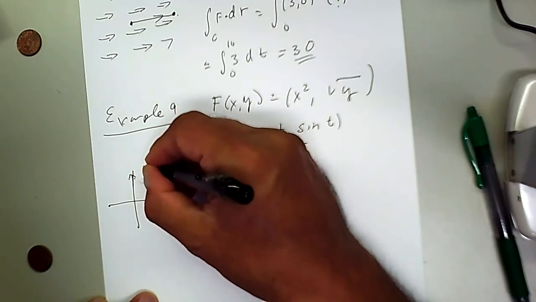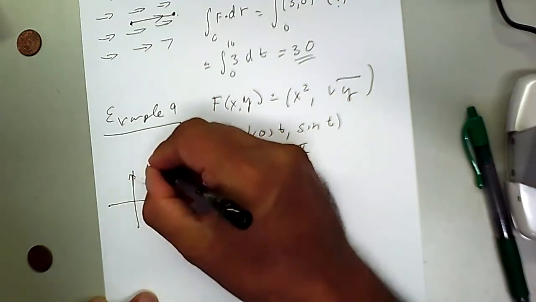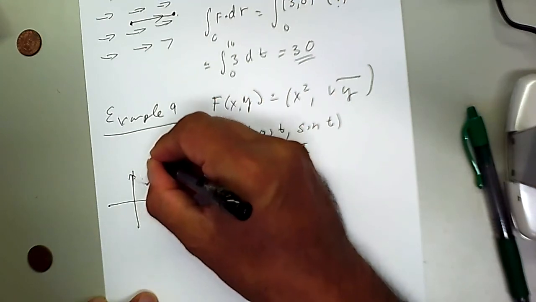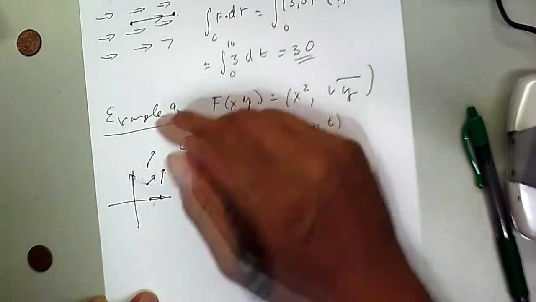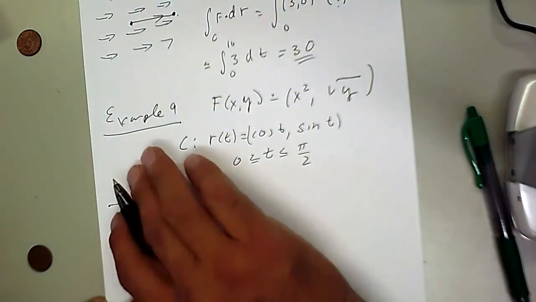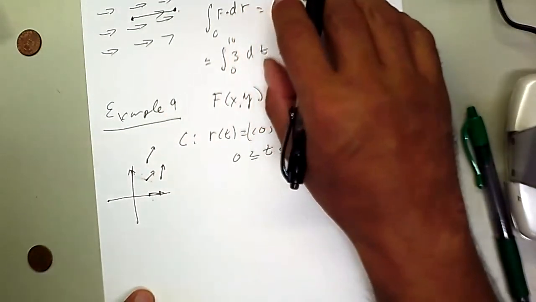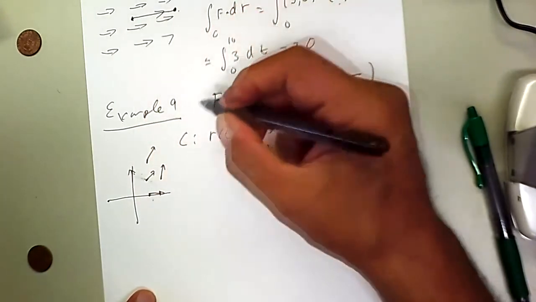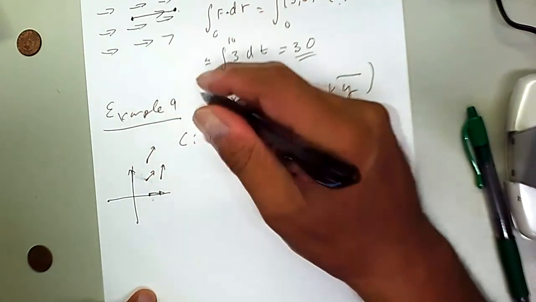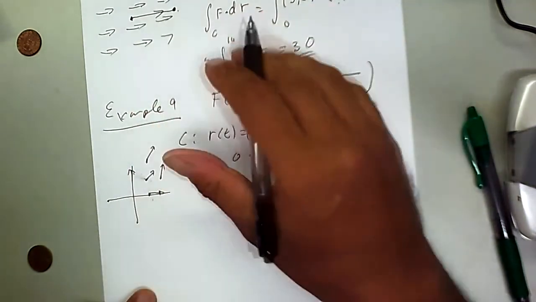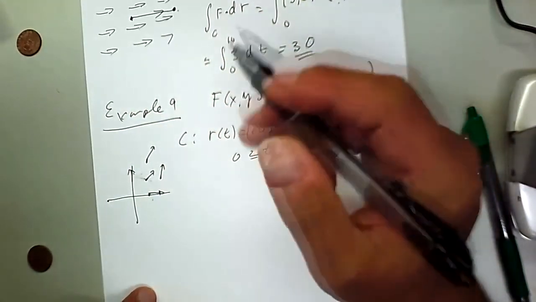So here, perhaps something like this. It is kind of weird. It seems that the vectors are going in the upper right direction, but they're not a nice uniform kind of vectors. So this is some field that I just made up.